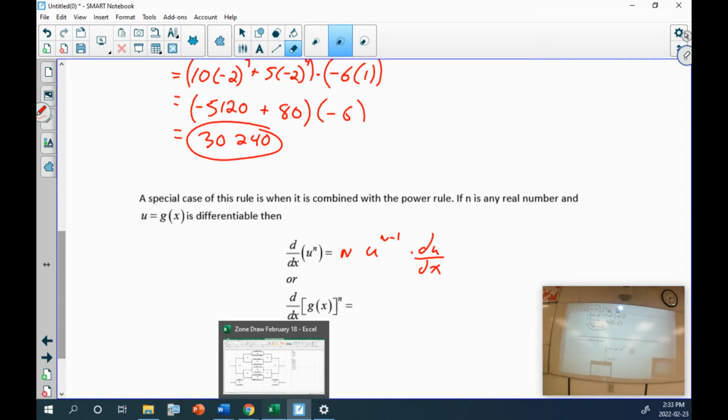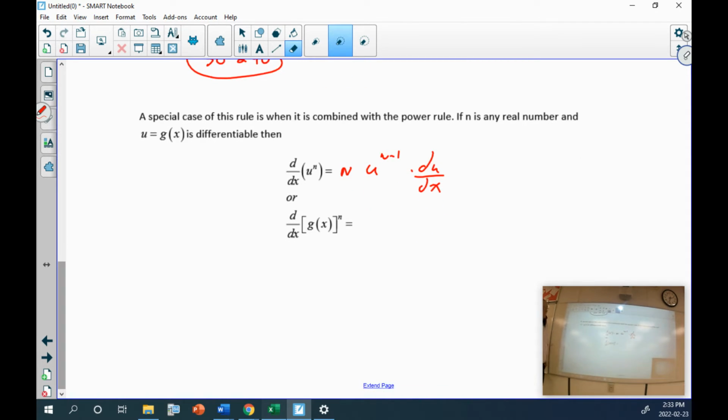Outside function is your u to whatever power. And then you have to take the inside function. This one would be n times g of x to the power of n minus 1 times d/dx of g of x. It gets complicated, but we'll start with simple.